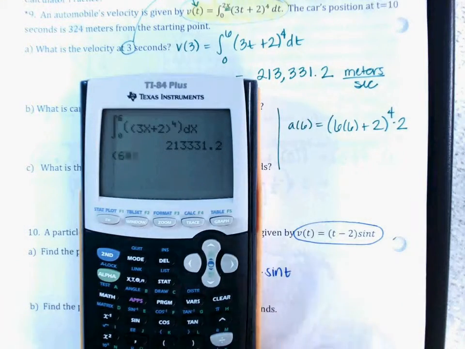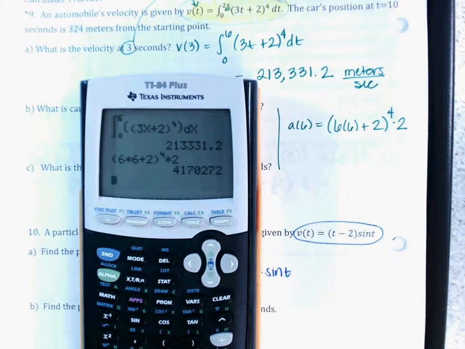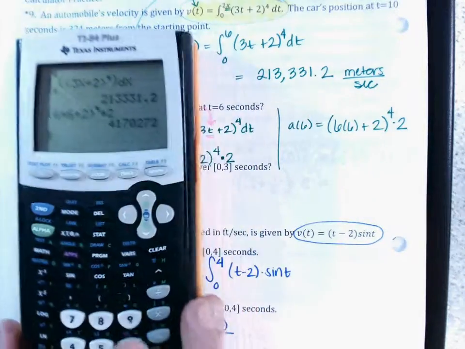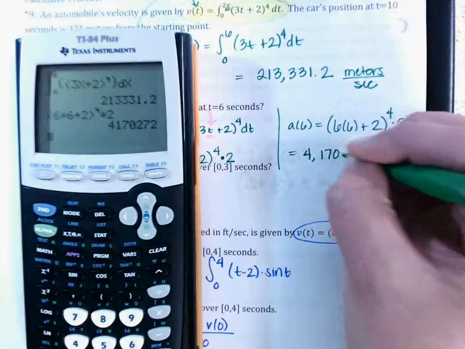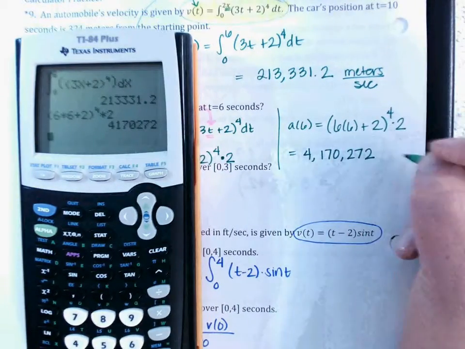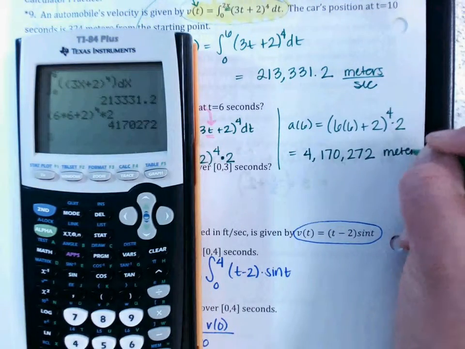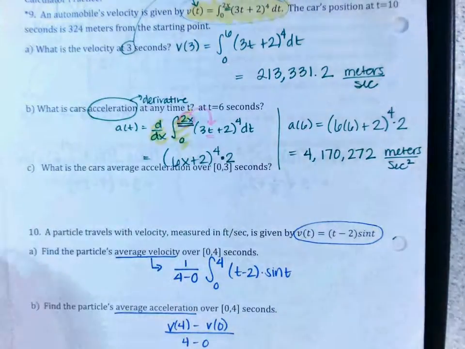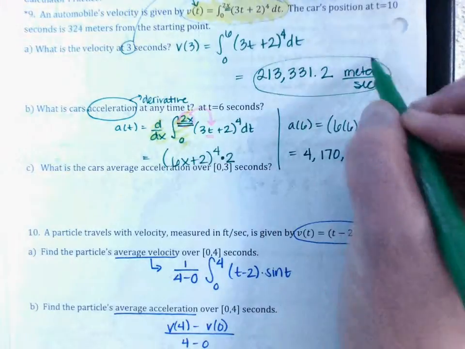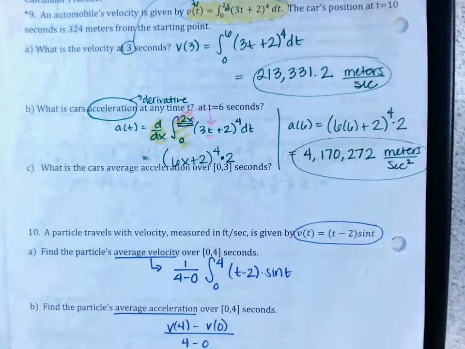Okay, you do 6 times 6 plus 2 up to the 4th times 2. Just like that. And you get 4,170,272 meters per second squared. Okay, now again, obviously if this is a car, that doesn't really make sense, but just pretend, okay?